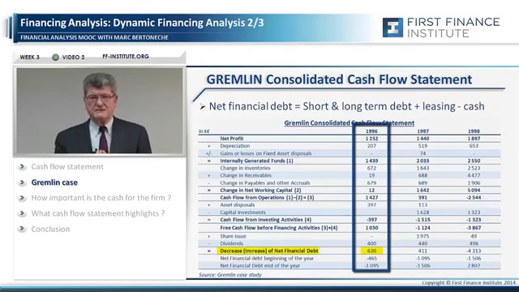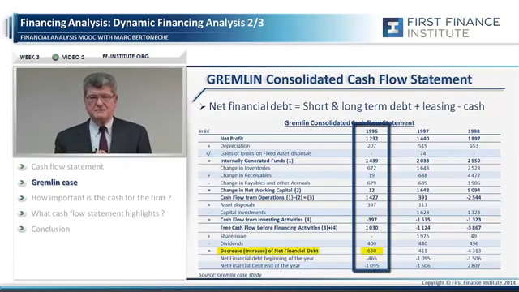Now, if you look at the net capex, we mean capital expenditure, investment minus the asset disposal, 1,515, plus the dividends, 440. As you see, Gremlin did a big share issue of 1,975.